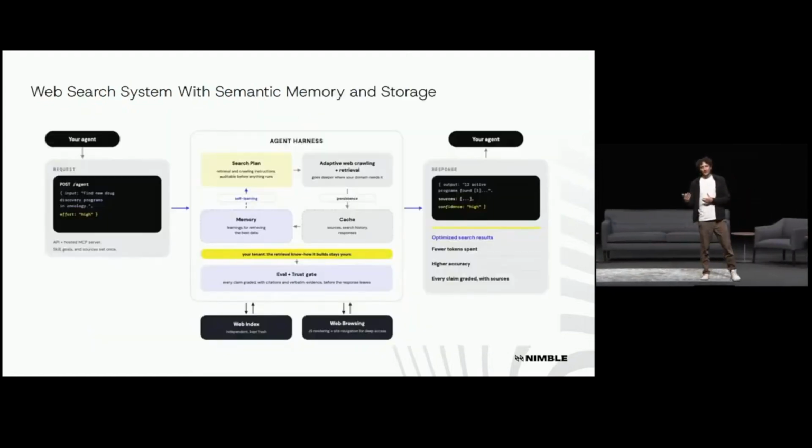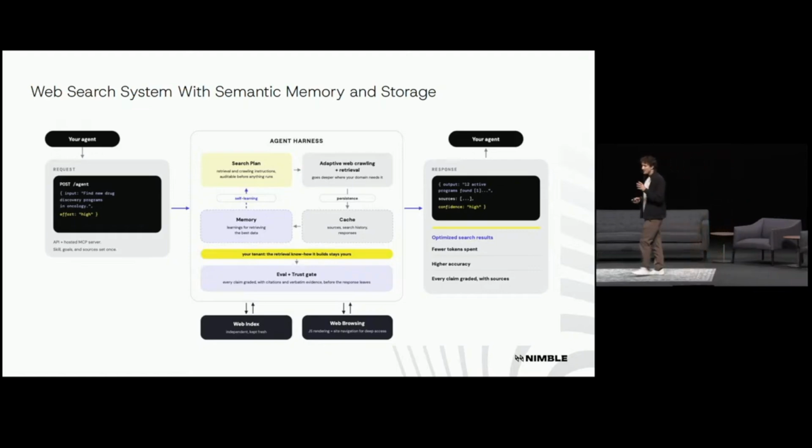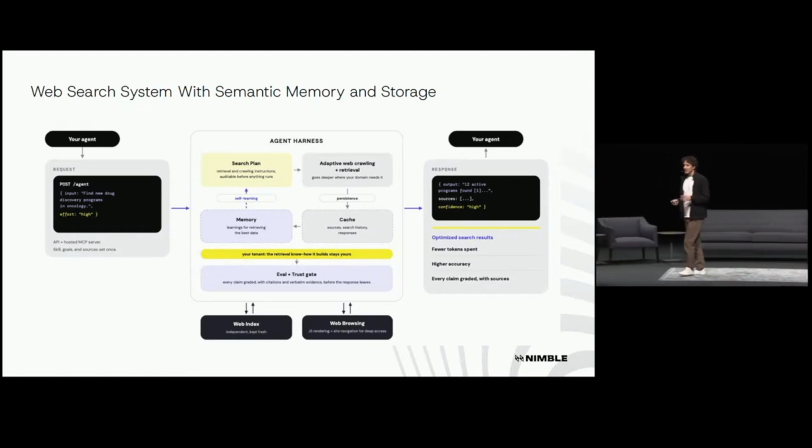In order to achieve that, we are providing a new state-of-the-art search architecture that combines memory, state, and a self-learning algorithm that can build both the retrieval system and the specific index that the web search works on. We're combining that architecture with real-time headless browsers that can go into the web and fetch the information that's needed to achieve that result.